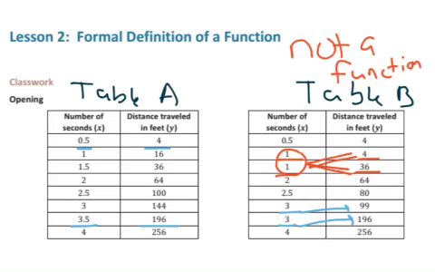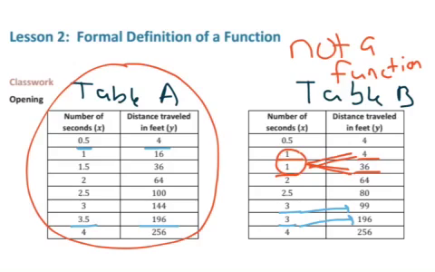That can't work. Over here, though, this table, which we're going to look at more closely in a moment, is a function. Because no matter what, the given second, they only had one distance that they were going to.